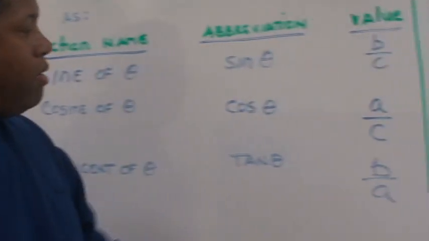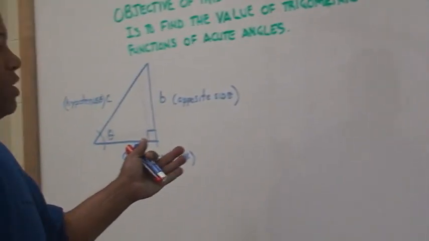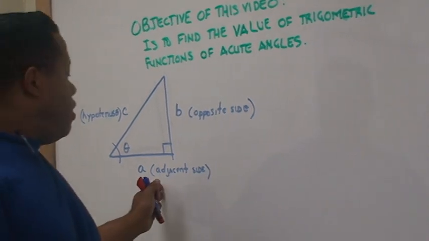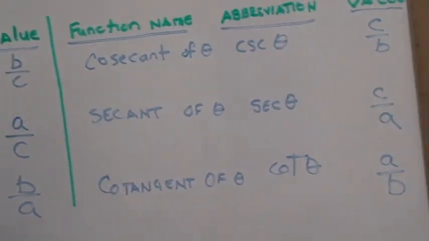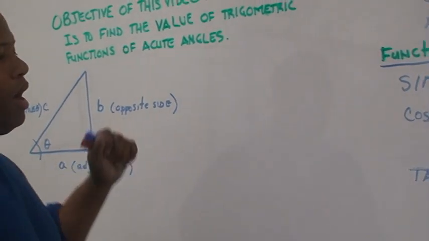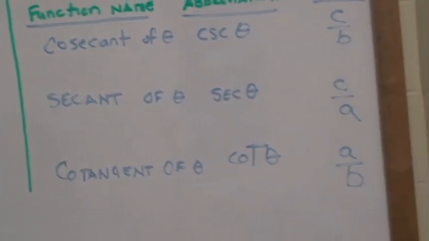And tangent would be opposite side over the adjacent side, and cotangent will be its reciprocal, which is the adjacent side over the opposite side, if you will.